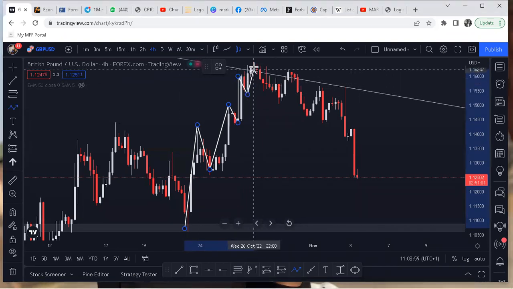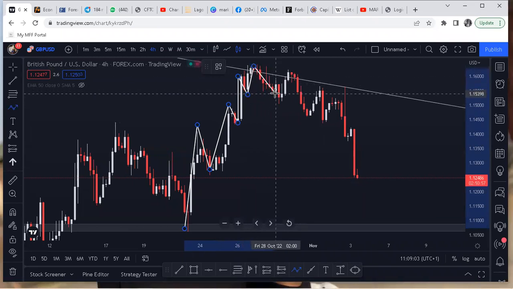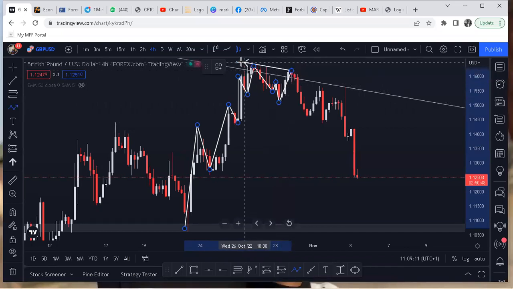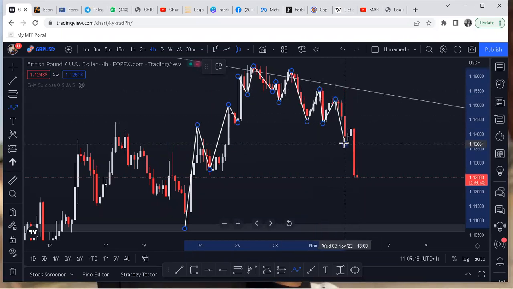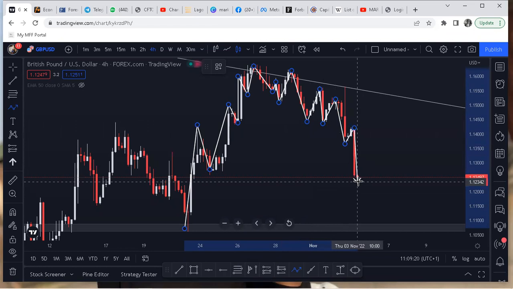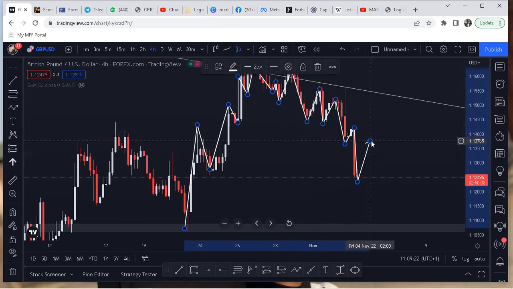But this is obviously not a correction. Impulse, correction, impulse, break of structure, impulse buy to our sell. Then this was impulse, then correction, then impulse, then correction, then impulse, then correction. We'll see a correction somewhere around.